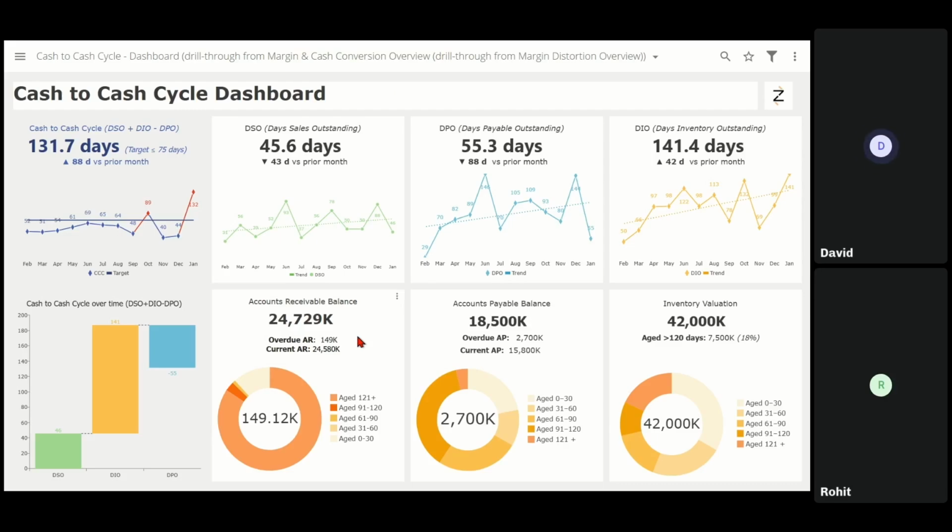The only concern that I have here, and maybe we need to keep an eye on it for another analysis, is that part of what we have overdue is very aged. We have numbers that are more than 121 days. So maybe this collection, we're not going to ever recover in the future, right?